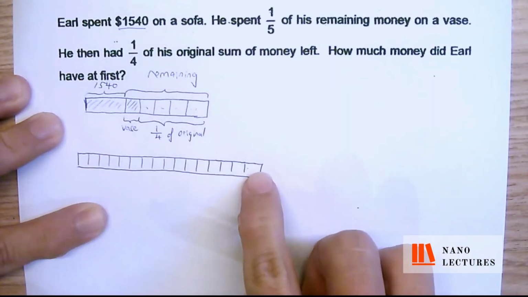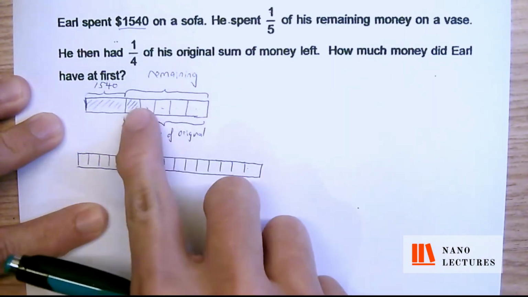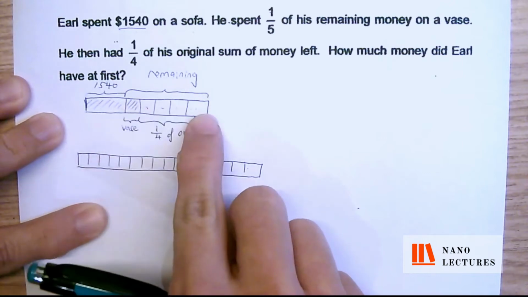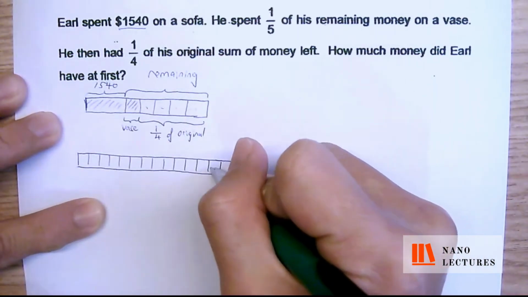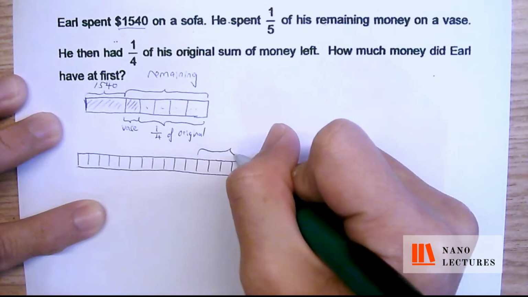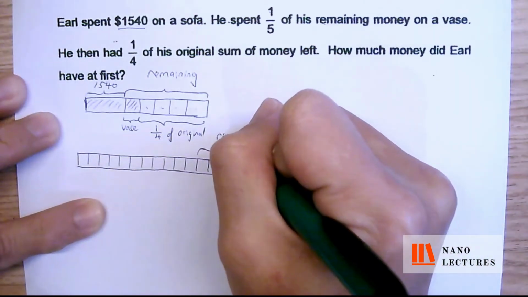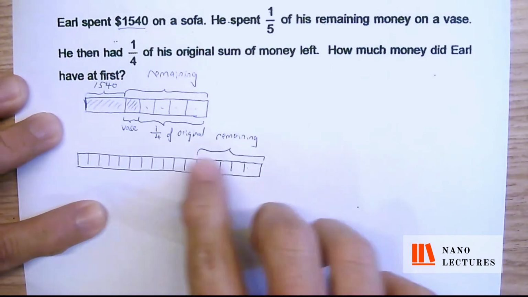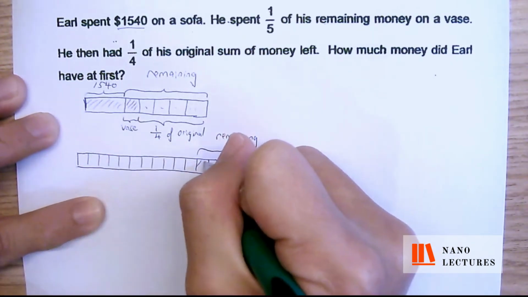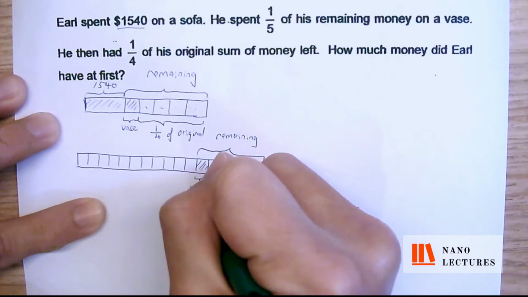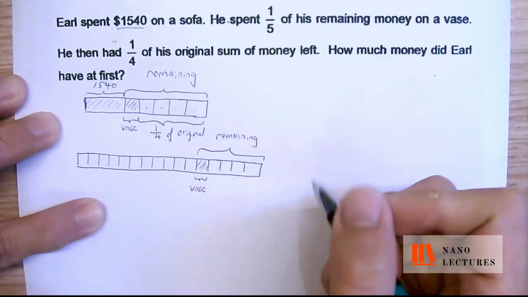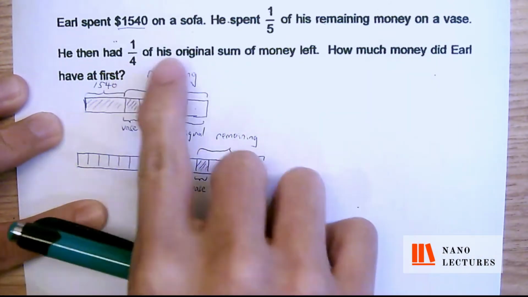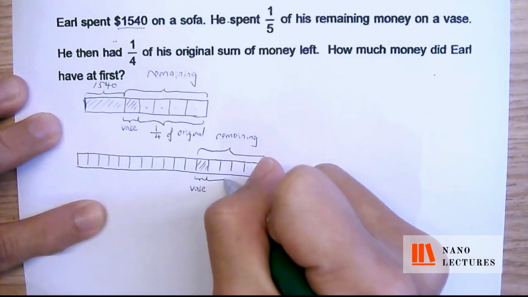And these 1, 2, 3, 4, 5 are the remaining amount. Out of these 5 units, 1 unit is for the vase, so I'm going to draw the same vase. And this is what he has left.